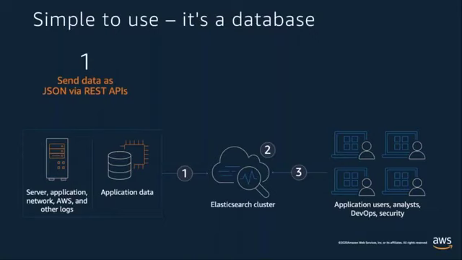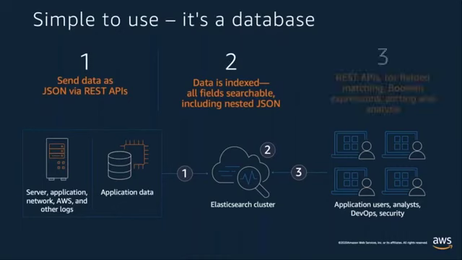Elasticsearch works entirely via REST APIs, or you're going to format your application data as JSON and send that into Elasticsearch as well. Elasticsearch then will index all of the fields in your JSON to provide fielded search on that data. So again, you've already translated it into JSON.